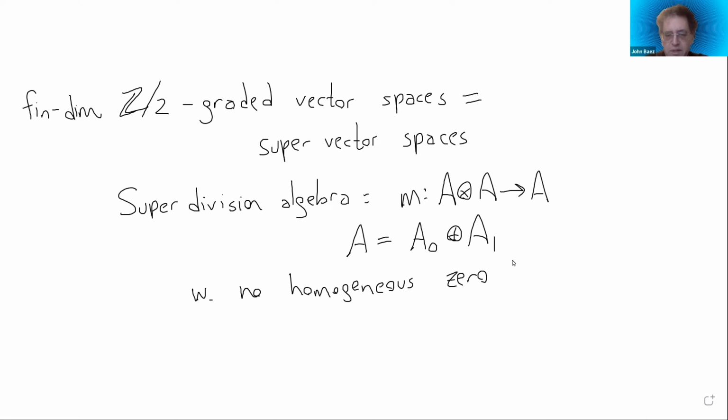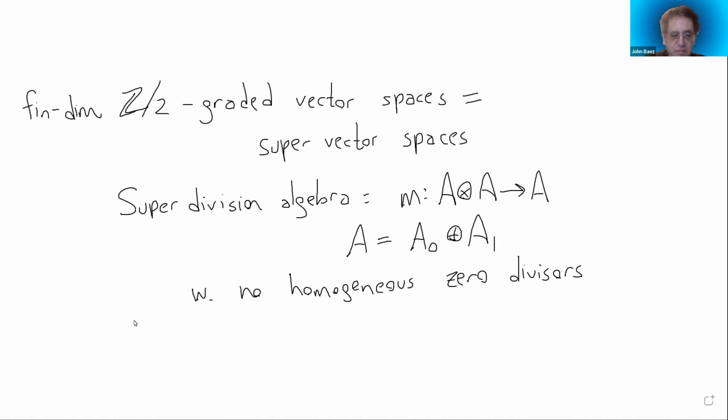If you wanted there to be no zero divisors at all, that would wind up being very restrictive, and so a better thing to say is no homogeneous zero divisors.